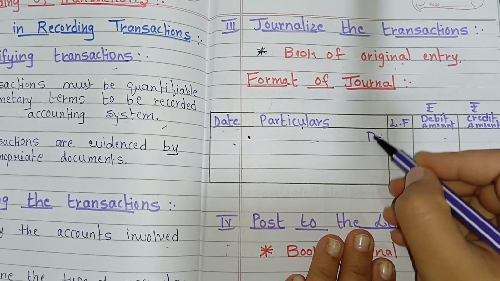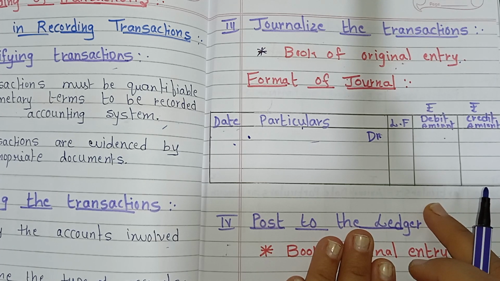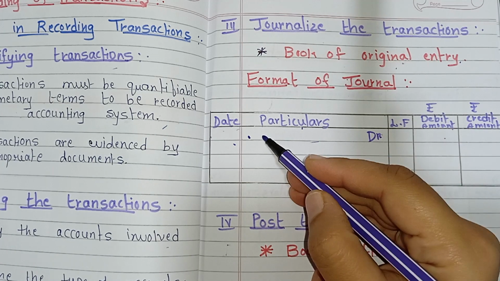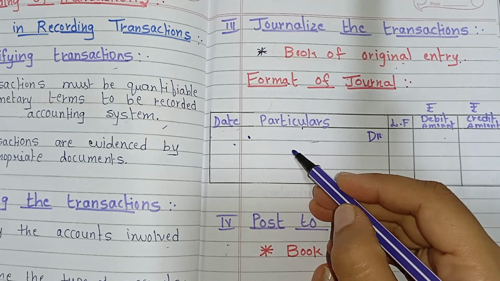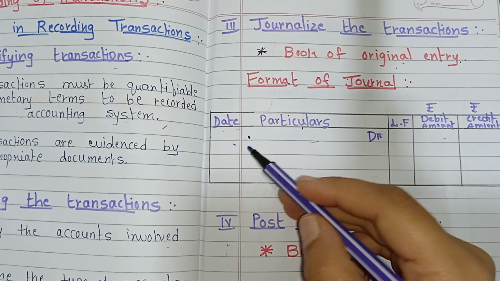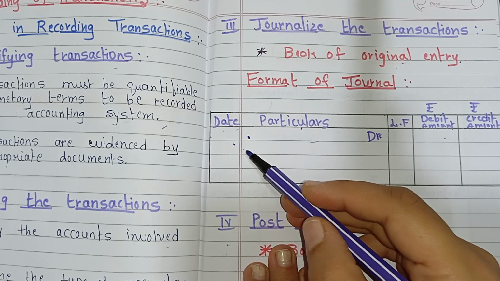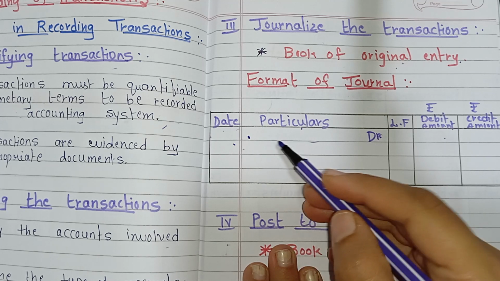And the account title to be credited is written on the second line here. This is the first line and this is the second line, leaving sufficient margin on the left side with a prefix 'To'.